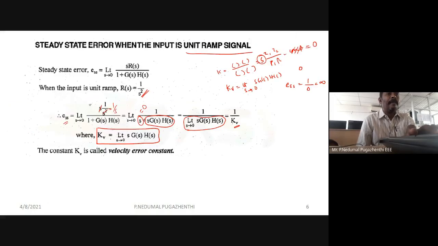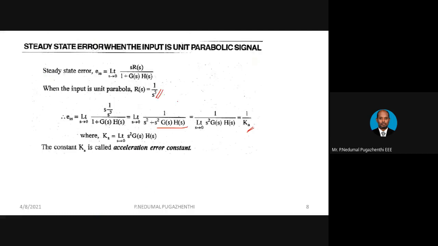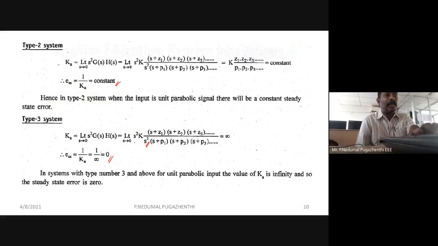For Kv, and for a unit parabolic signal, you get a Ka, and for Ka, what are the relevant steady state errors for type 0, type 1, type 2, and type 3.